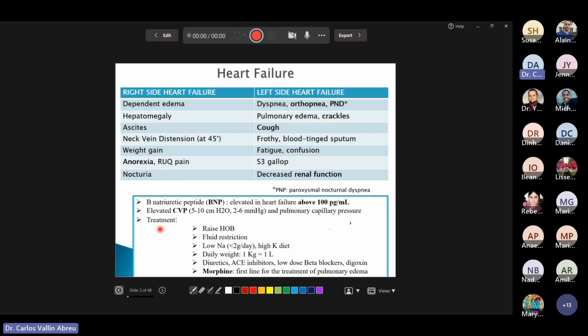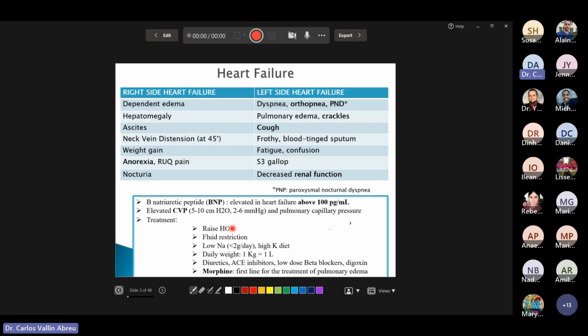So what is a priority? Remember the orthopnea. Remember that the patient is not tolerating the flat position. Please, sometimes clients cannot move. Clients are critically ill. So don't forget that you need to raise the head of the bed, because we have clinical beds. And if we don't have a clinical bed, we can sit the clients up or we can use pillows to make the clients more comfortable. So raising the head of the bed is an immediate intervention.